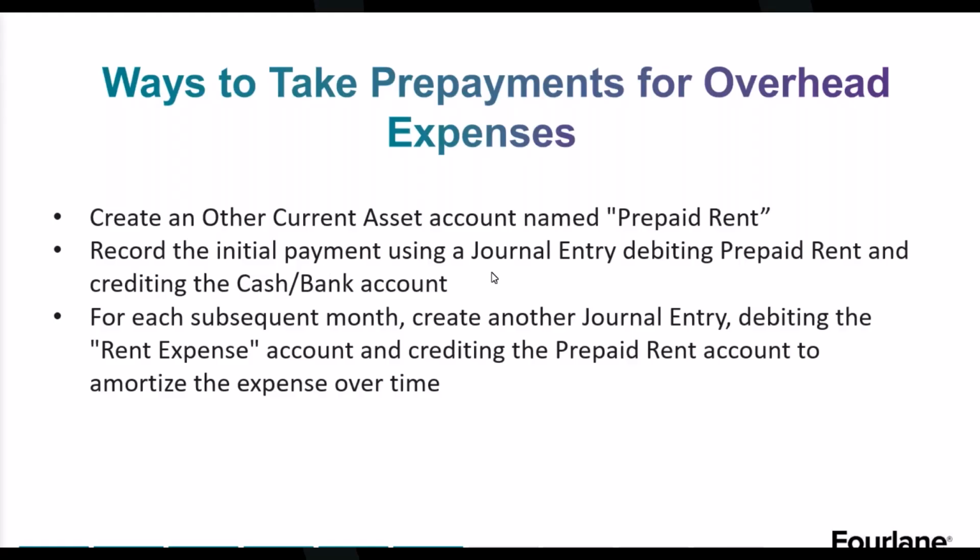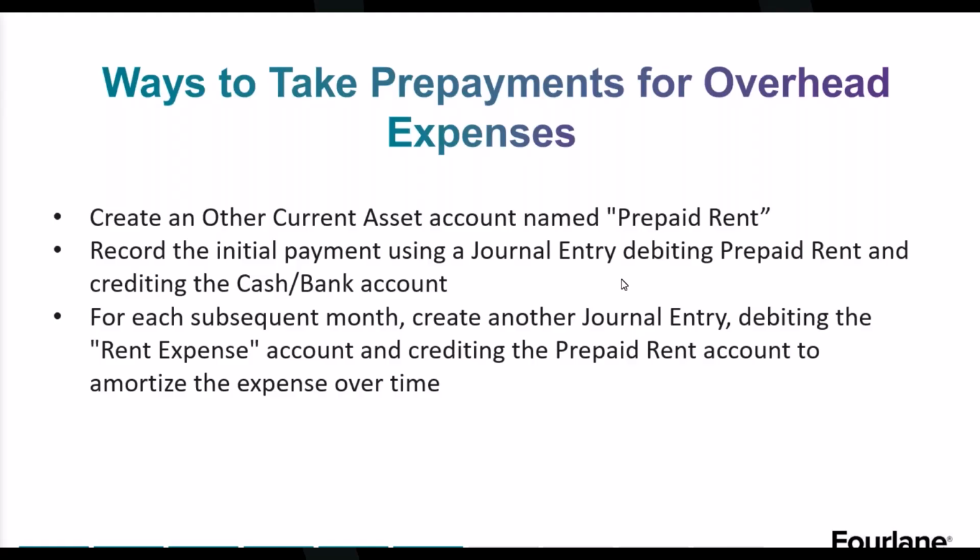It's going to be identical here, but the overall workflow we'd be able to use to create that prepayment expense on the front end and then amortize it out is going to be a simple journal entry to initially record the payment made for that prepaid service, and then also make sure we're debiting that prepaid rent or other current asset account that we are recognizing the prepaid service for.